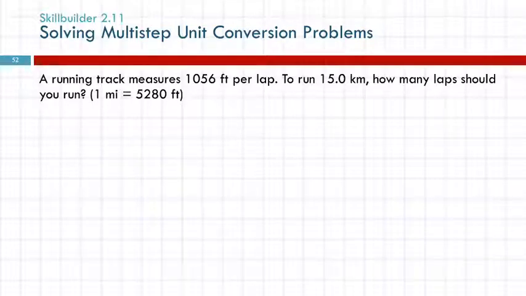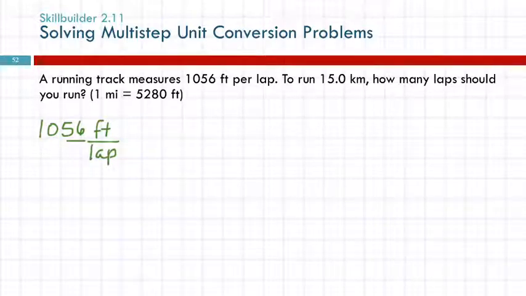We can do this. So we read through the problem. Now we want to go back and pick out the numbers and write them down with their units. So I've got 1,056 feet per lap. That means divided by lap, right? Feet per lap.